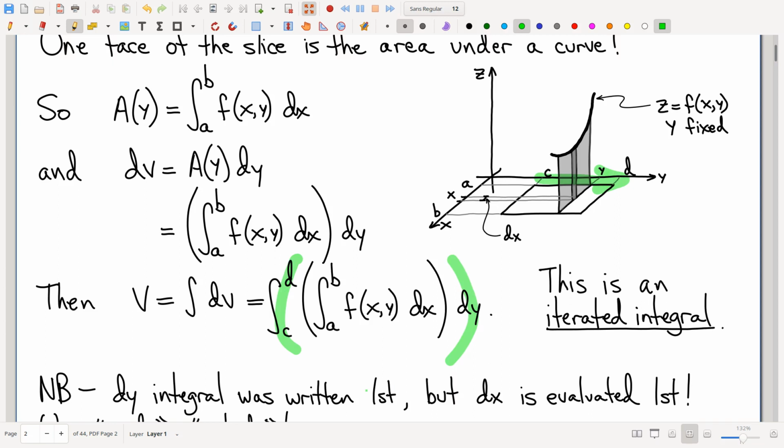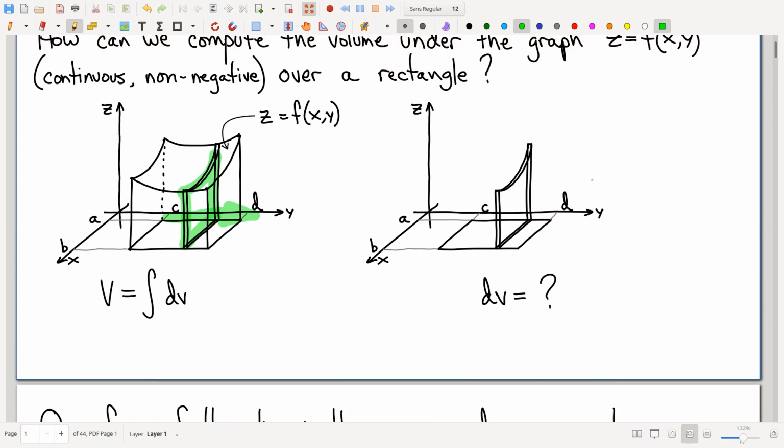Okay, big question: can you do it the other way? Could I take this volume here, and instead of slicing first in the y direction, could I instead slice first in the x direction? I would have slices of bread like that. Those would have cross-sectional areas, which I could compute by slicing that in the y direction, giving me a bunch of y slices, kind of like that.